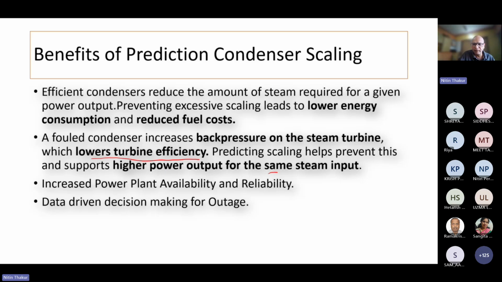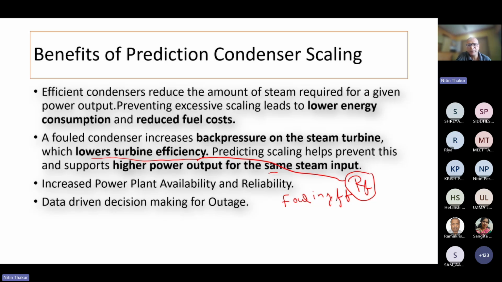There is a term called fouling factor, mostly RF. So what is the scaling in the condenser and what is the impact of that on the steam turbine, efficiency wise?